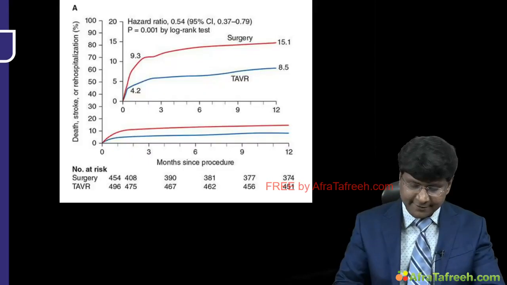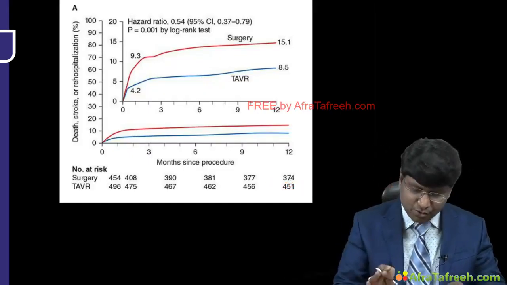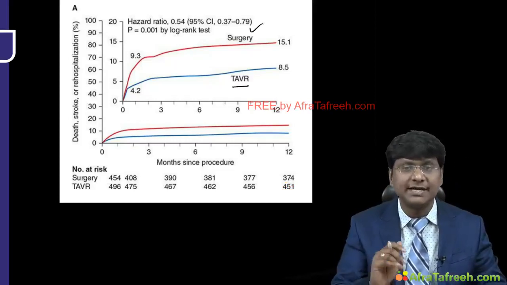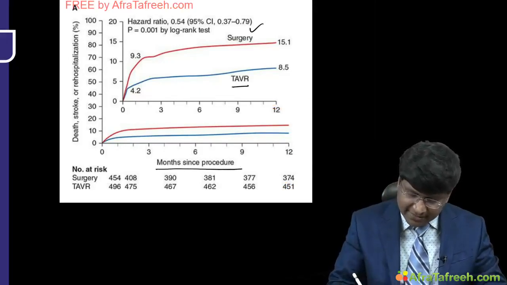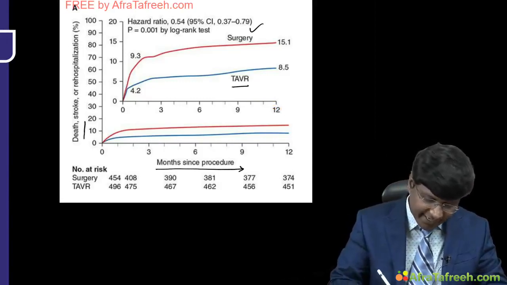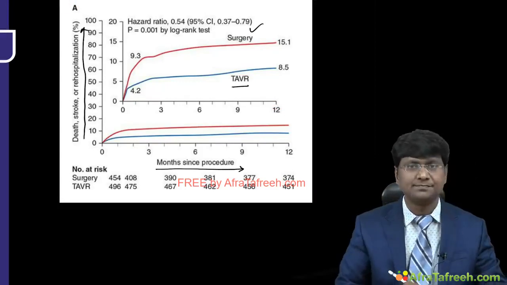Now, take the graph of patients who have undergone TAVI, that is TAVR, or surgical aortic valve replacement. The x-axis is months since procedure and the y-axis is death, stroke or rehospitalization.